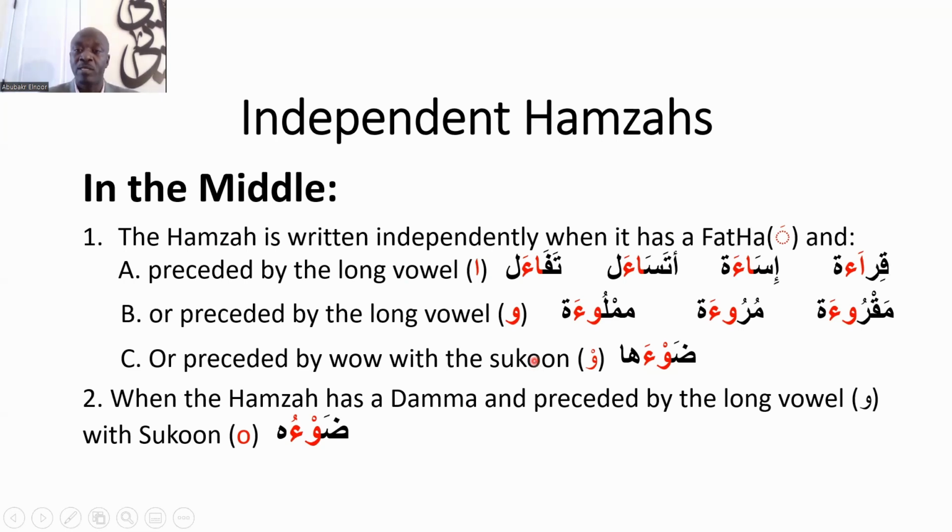In this case, the hamza has to be written independently. Also, rule number two, when the hamza has a dhamma, not a fatha, but is preceded by a waw with the sukoon, the hamza must also be written independently.